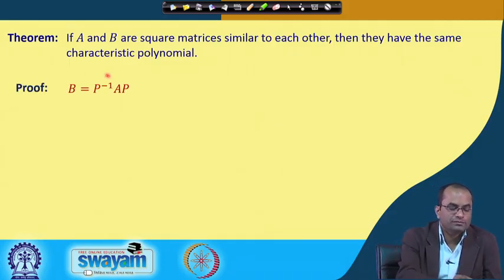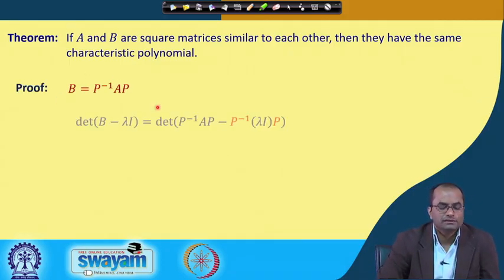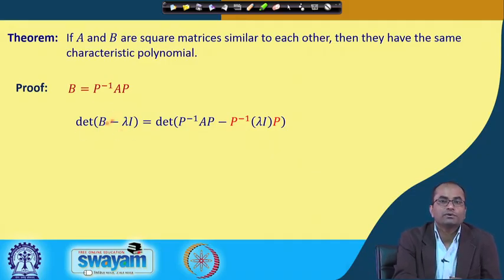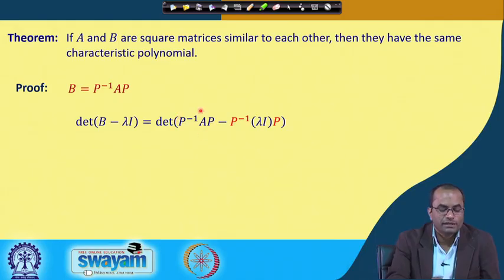So, we take B is P inverse A P, this relation, and then we take the determinant of B minus lambda I, that is the characteristic polynomial of B. It is equal to the determinant, where we replace B by P inverse A P minus the same thing, P inverse P, that is the identity matrix we have introduced here.